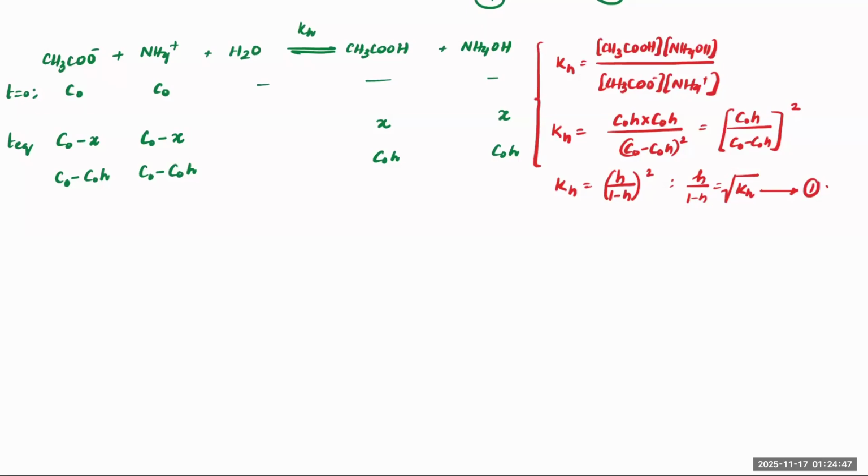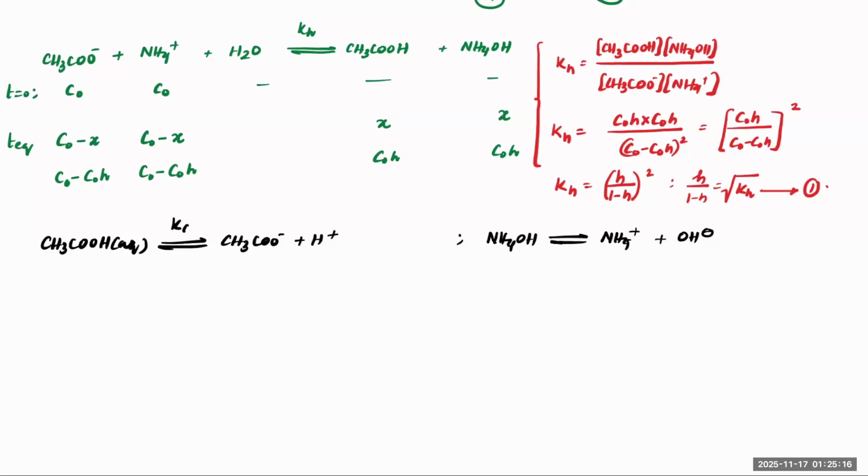And now let's see. Whatever the acid which is forming and whatever the base which is forming, they both will have their own ionizations. So acetic acid will ionize into CH3COO minus plus H plus. Likewise, NH4OH will also ionize into NH4 plus plus OH minus.